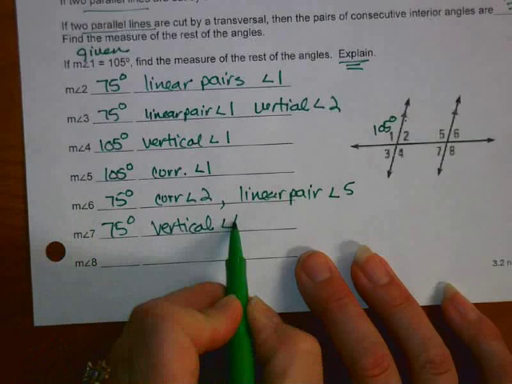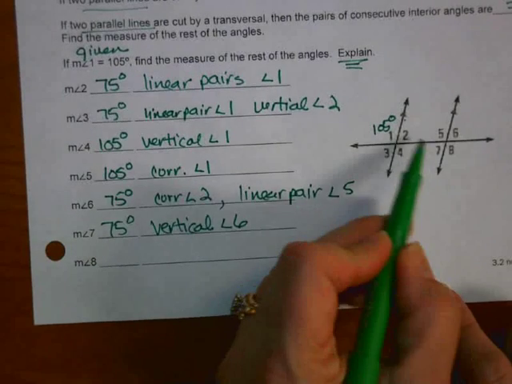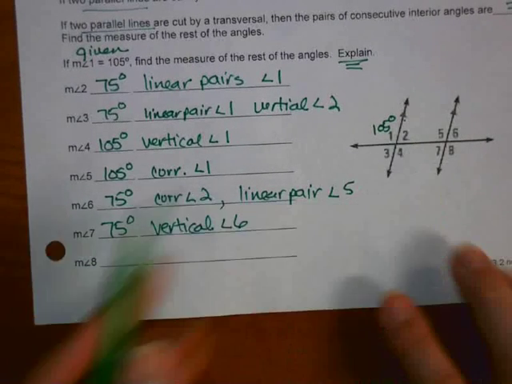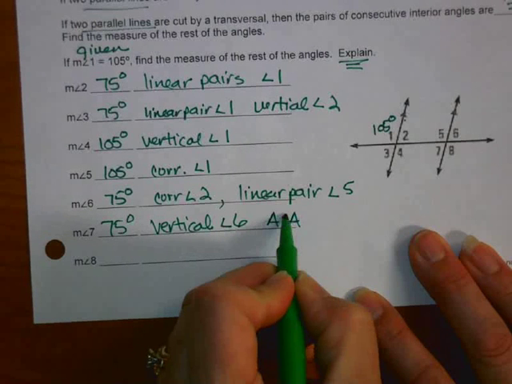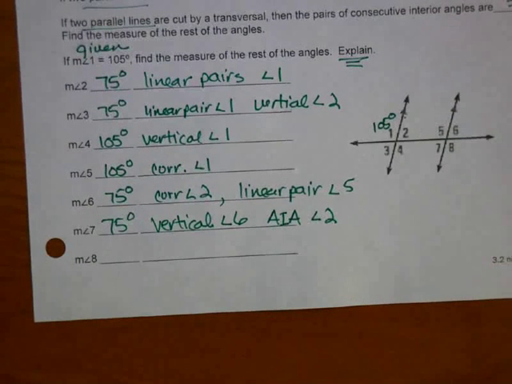Yeah, alternate interior angles. We could use that this time. Alternate interior angle with angle 2. And it's also obviously a linear pair with angle 5. You could say that as well. So I really need you to start looking at all these things that you're learning in order to prove stuff later. All right, and then the last one is angle 8.